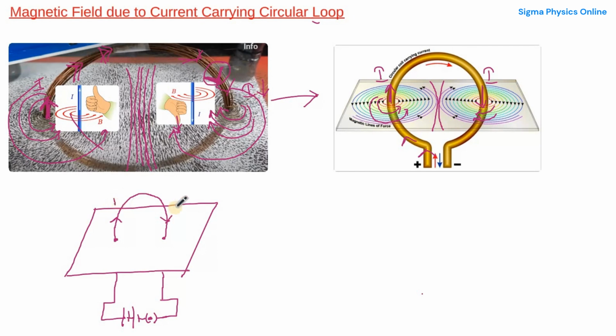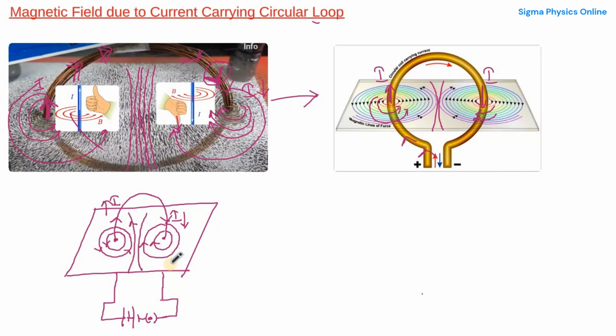This is the direction of current. Here it is downward, here it is upward, and here are the magnetic field lines in the form of concentric circles around this wire. On this left side, the magnetic field lines will be anti-clockwise, and on the other side, the magnetic field lines will be clockwise, and in the middle they will look somewhat like this.